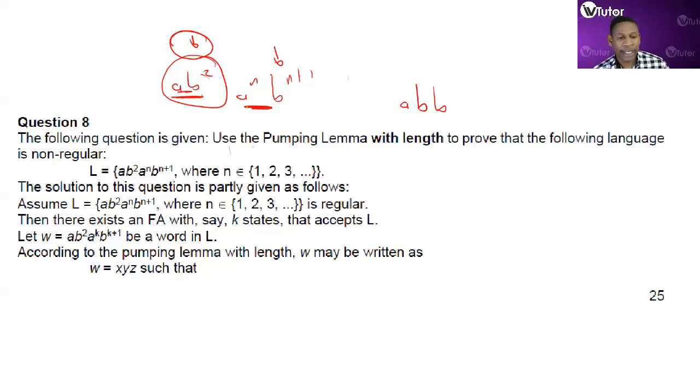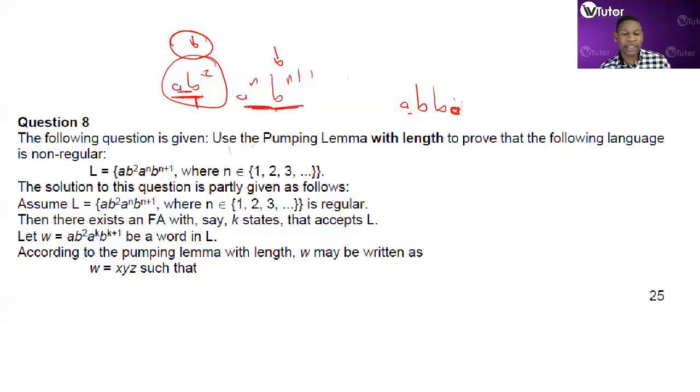Because we know that in all the words in this language, the fourth letter has to be an A. So if y contains b's only and the b's fall on this part, then we are going to have the fourth letter not as an A but another B, which leads to a word not in the language.